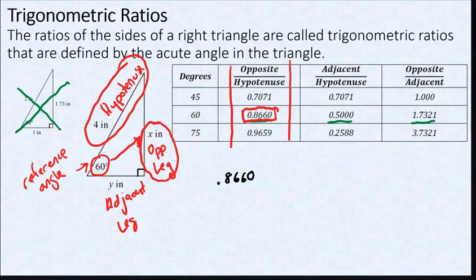So I could take this 0.8660 over 1, which comes from dividing 1.73 by 2, then set it equal to x over 4, and I can cross multiply and solve. 1 times x is x, then 4 times 0.8660 is 3.464.